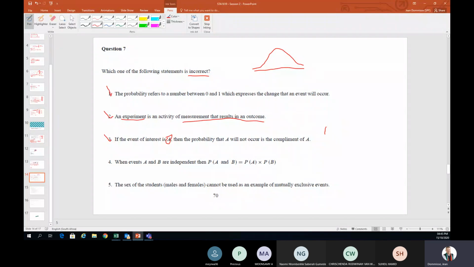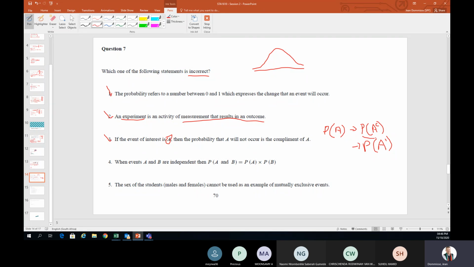How it is normally written is, if it's the probability of A, the complement of A, they sometimes write it in two ways. So that is the complement of A, or they can write it sometimes as basically that sign that says not A. Okay, so there's two ways to write it, but that is also correct.